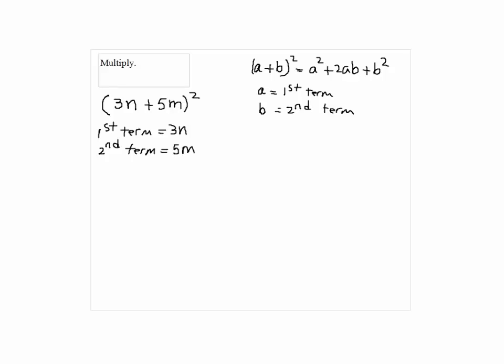In this case, our first term is 3n. Our second term is 5m.